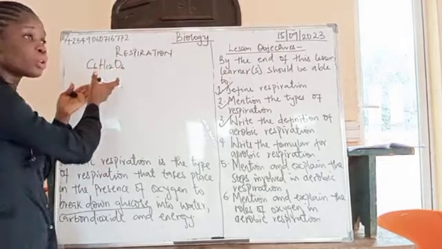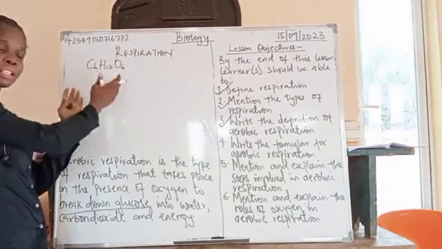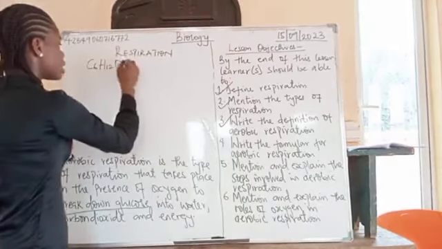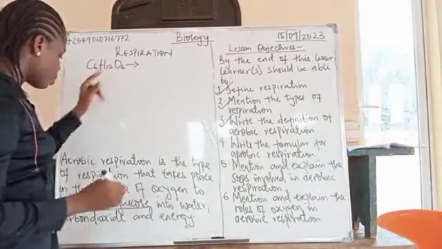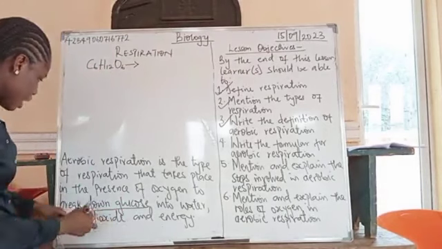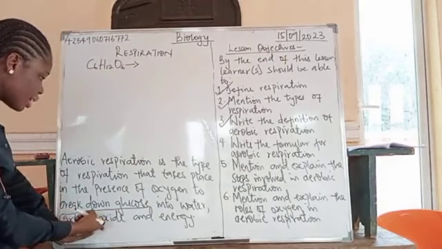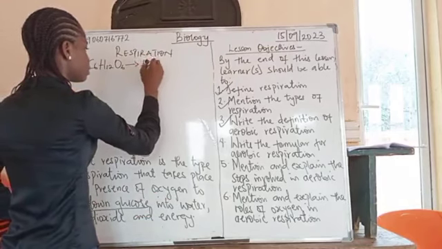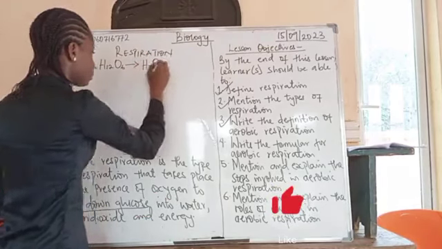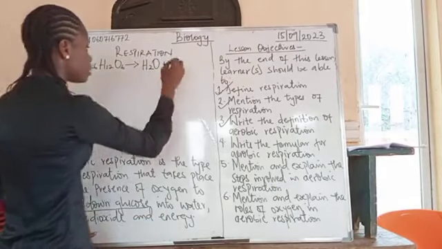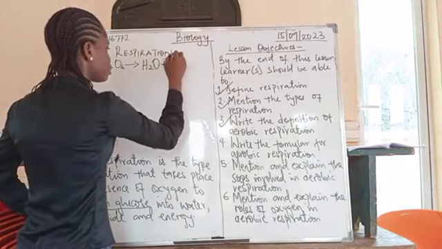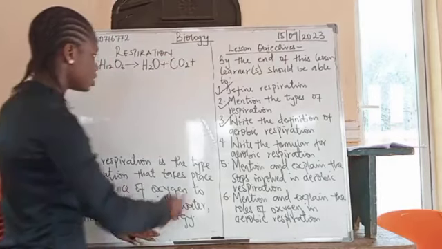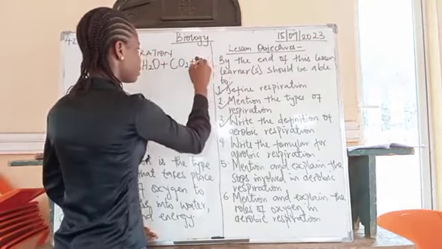If glucose is broken down, it means that glucose is on the reactant side. And then let us go over to the product side. And in the product side, we have that it is broken down into water, into carbon dioxide, and lastly, energy in form of ATP.